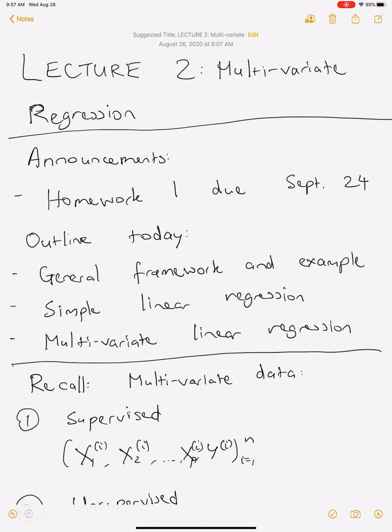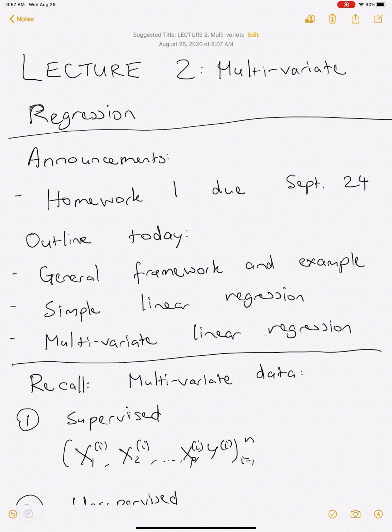Just to give a brief outline of what I'll be covering today. First, I'll be introducing the general framework and a very simple example where we use this general framework, just to put most of the discussions that we focus on into a particular context, and I'll talk about it shortly. Then I'll briefly review simple linear regression in the context of this general framework.